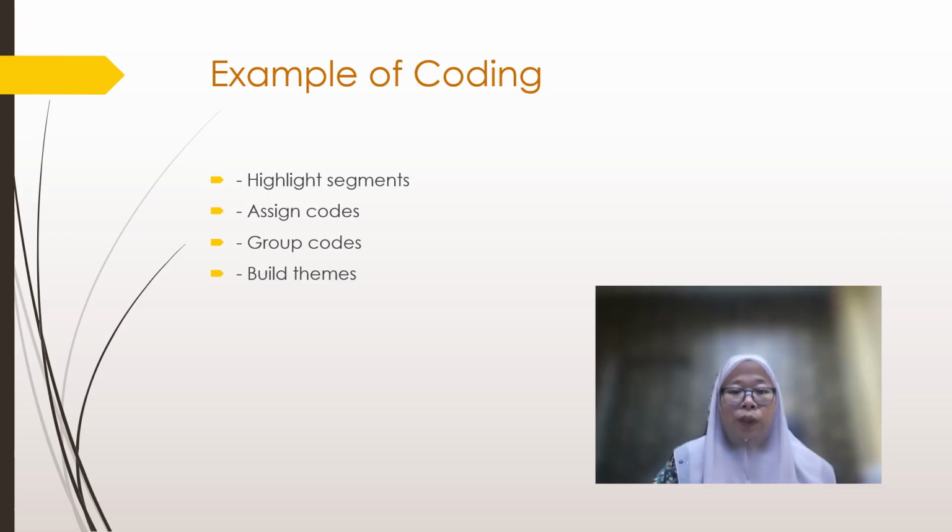Once several codes appear, you can group them into categories like work pressure or coping mechanisms. Finally, you identify a broader theme such as challenges of work-life balance. This step-by-step example should show you how raw narrative is transformed into analytical insights.